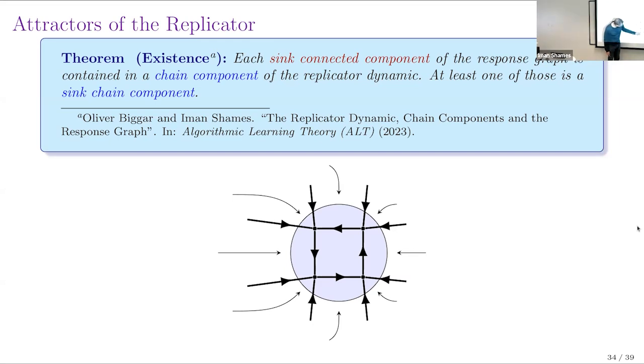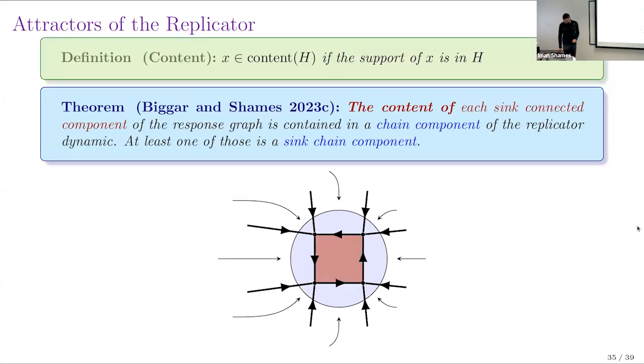The graphical object will live inside the attractor. And then there is this notion of content. Content is the support of that sink component. Yeah, so this is the content now. So the content of each sink-connected component gives us a lower bound of the attractor.